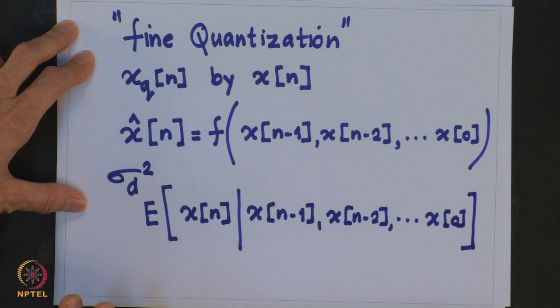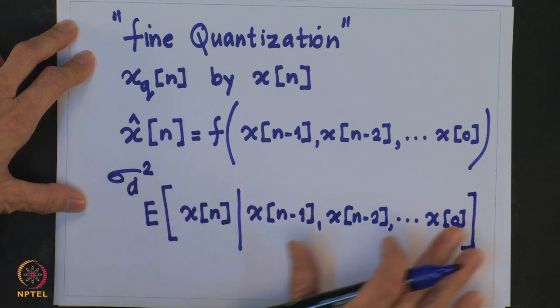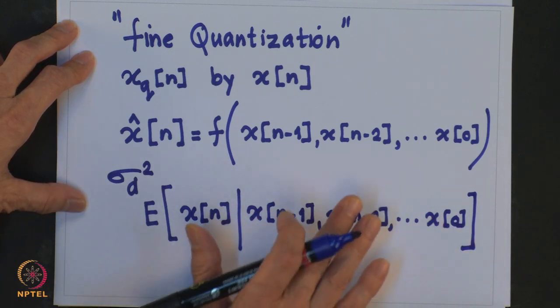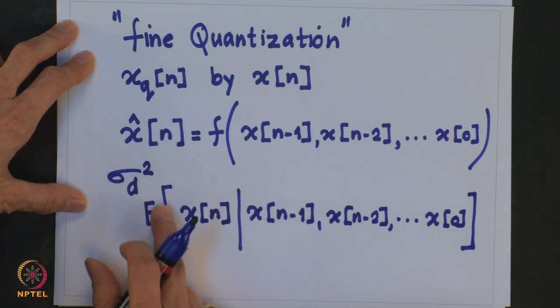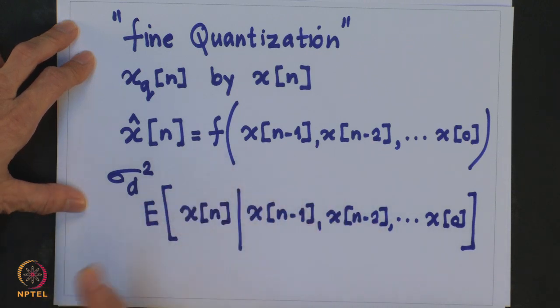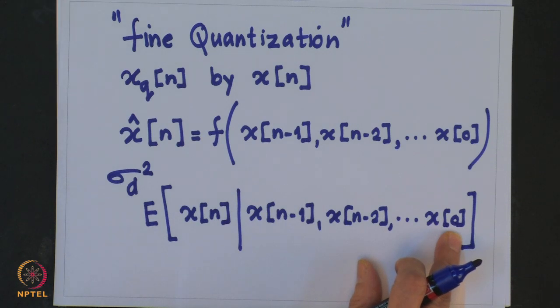Unfortunately, this condition of stationarity is generally not true in practical applications, and even if it was true, finding the solution as a conditional expectation is difficult because this involves nth order conditional probabilities.